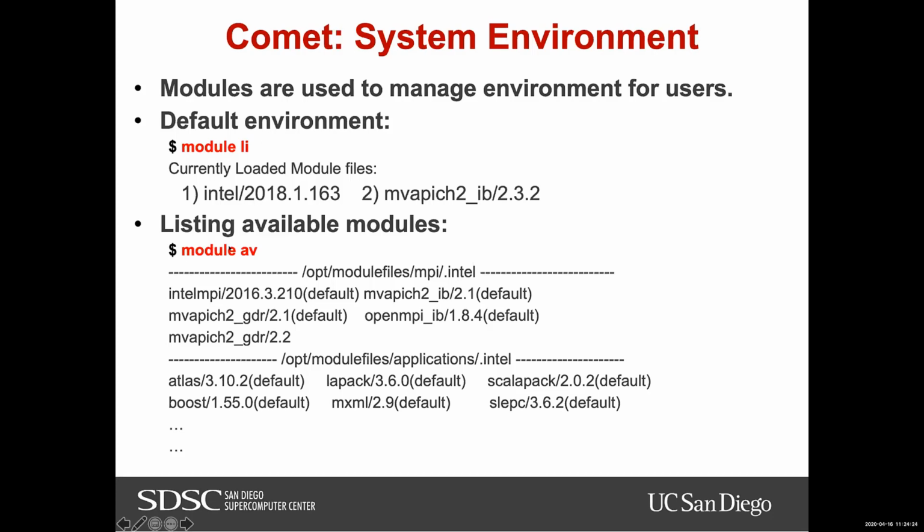To list the available modules, it's av for available, or avail. And this is huge. It's hundreds of lines long. So I just chopped it to show you some module files for MPI Intel and some applications for Intel, but this is all cut and snipped down quite a bit.